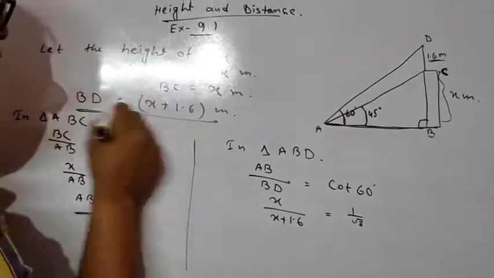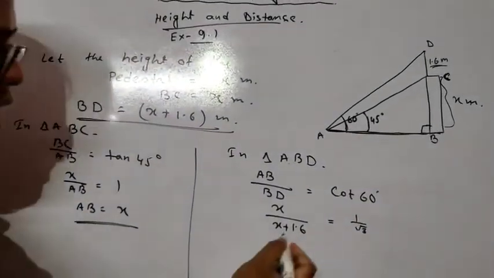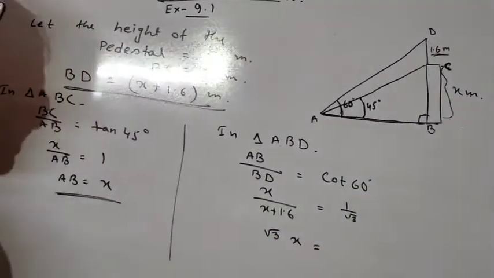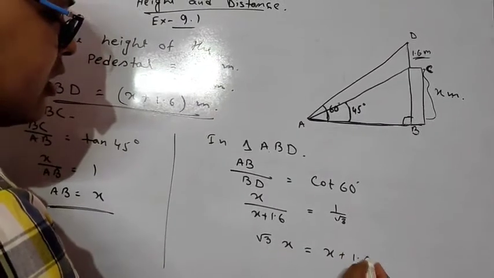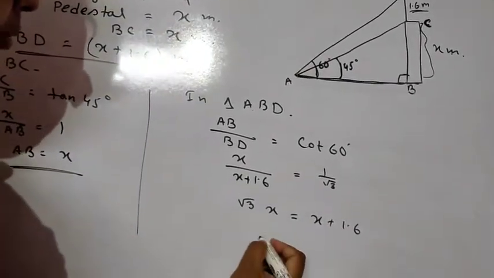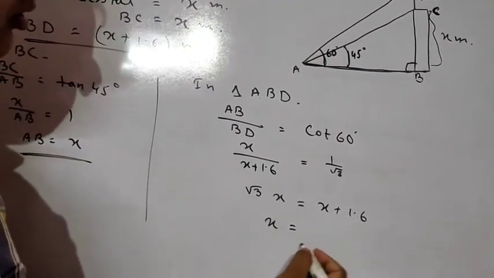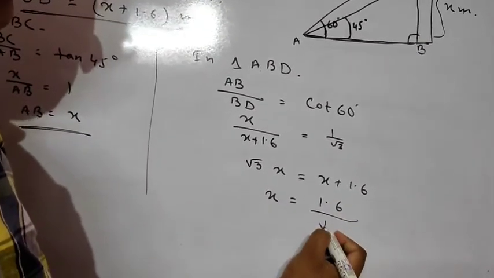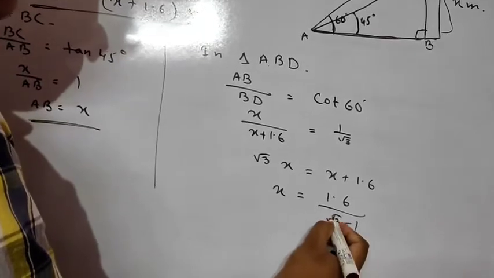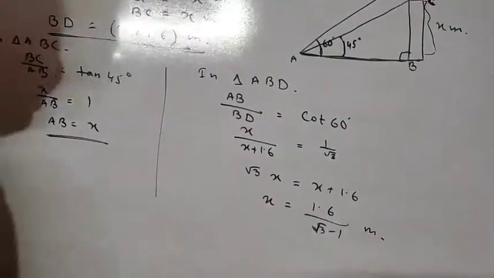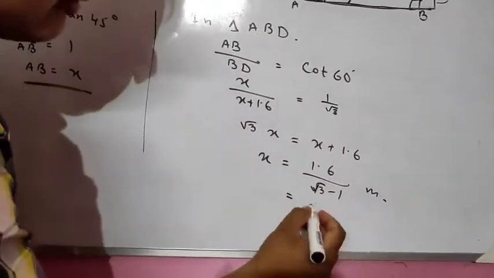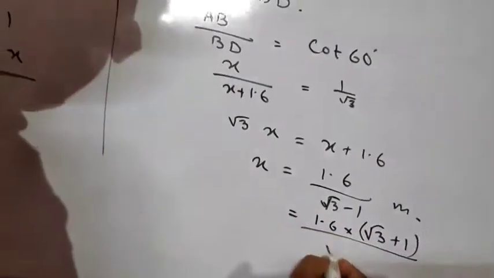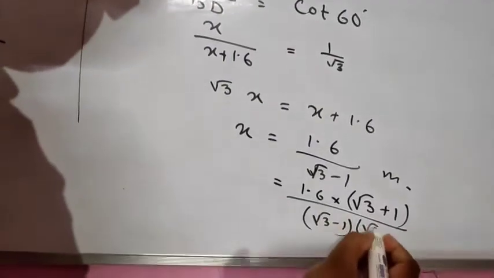Just now we found BD equals x plus 1.6, so if we solve this, root 3 x equals x plus 1.6. So from here we get x equals 1.6 divided by root 3 minus 1. Now if we do the rationalization of the denominator, we get 1.6 into (root 3 plus 1) divided by (root 3 minus 1) into (root 3 plus 1).